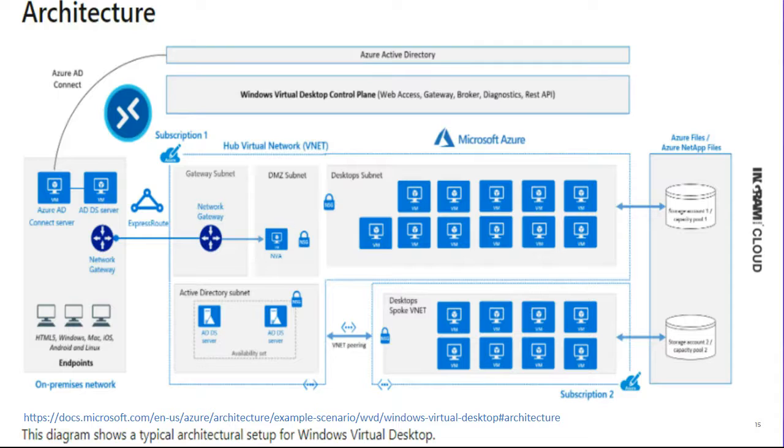The customer manages ADDS, Azure Active Directory Domain Services, and Azure AD, Active Directory, Azure Subscriptions, Virtual Networks, Azure Files or Azure NetApp Files, and the Windows Virtual Desktop host pools and workspaces. To increase capacity, the customer uses two Azure subscriptions in a hub-spoke architecture and connects them via VNet peering, virtual network peering.